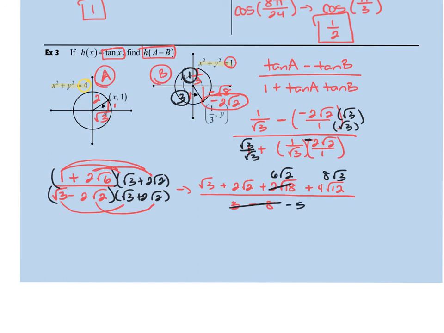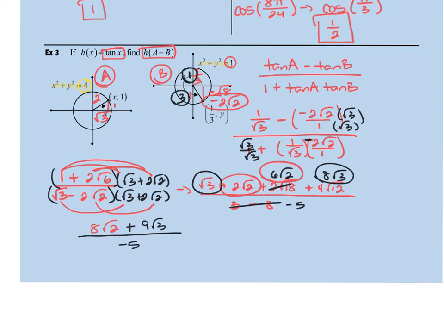Now I can collect all the like terms. So in the numerator, I've got this and I've got this. So I've got an 8 radical 2. Then I have a radical 3 and an 8 radical 3. So now I'm going to have plus a 9 radical 3. It's all over a negative 5.